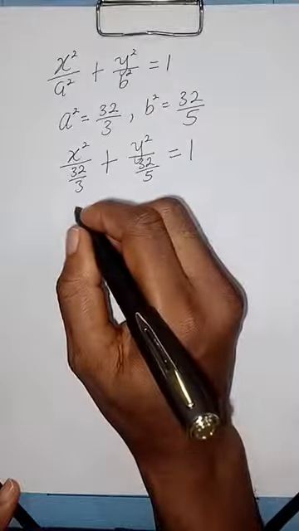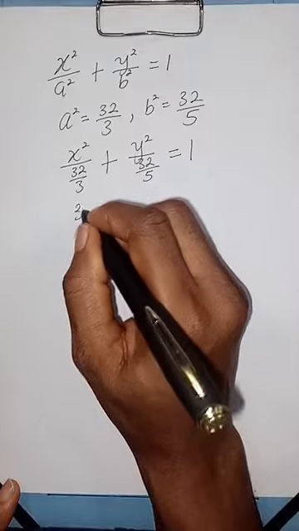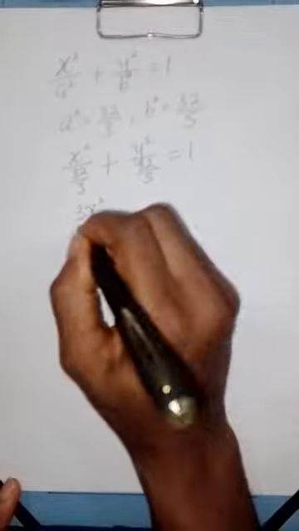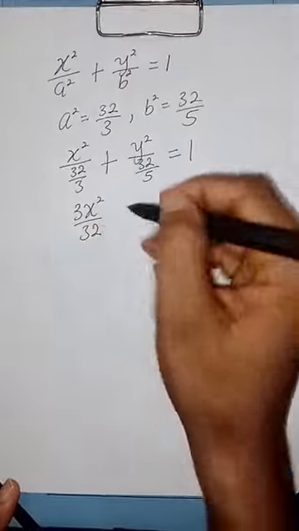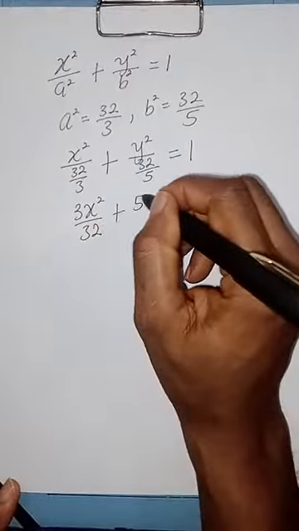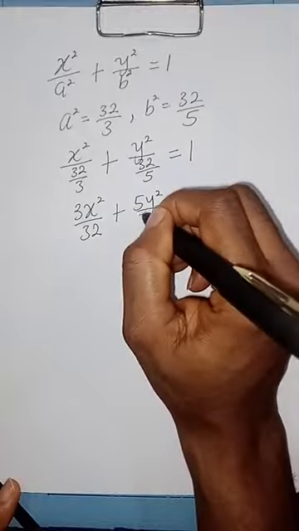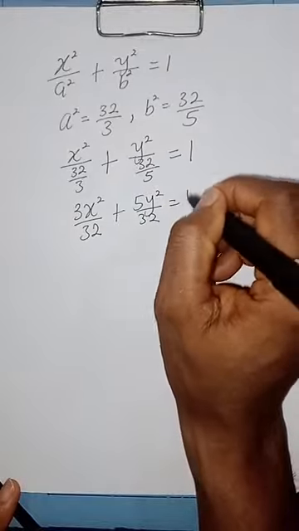Now, this is the same thing as 3x squared divided 32 plus 5y squared divided 32 equals to 1.